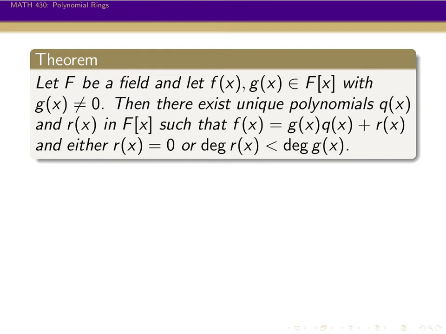In particular, that means that there are unique polynomials q of x and r of x in the polynomials over F, such that we can write f of x equal to g of x times q of x plus r of x, and either r of x is equal to 0, or the degree of r of x is less than the degree of g of x, strictly less than.